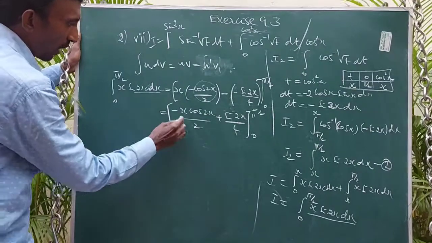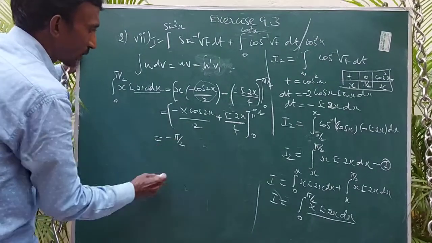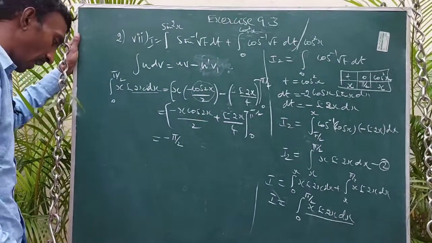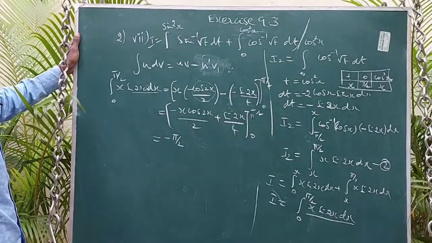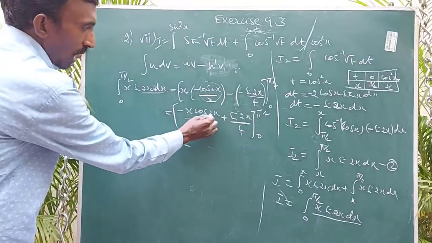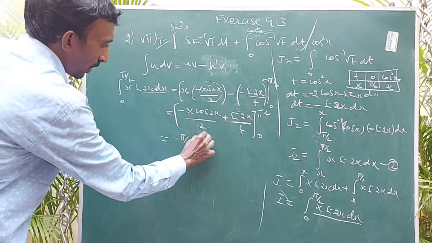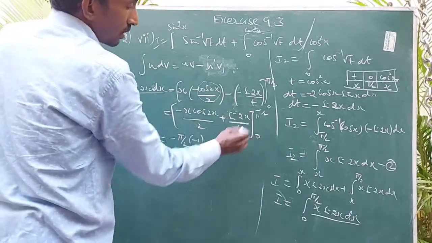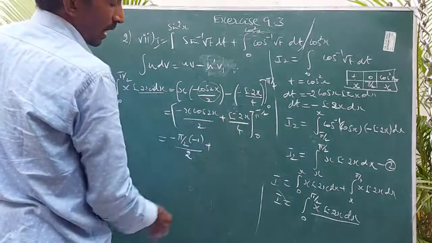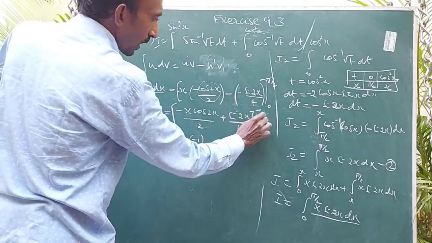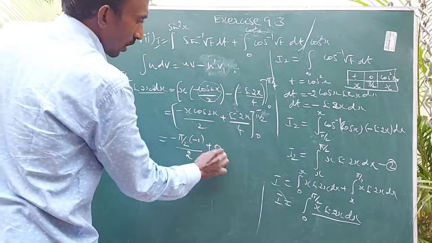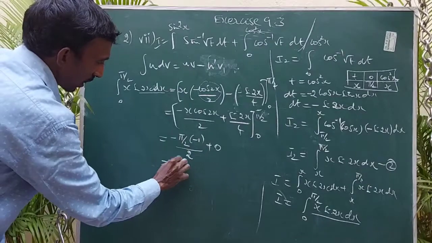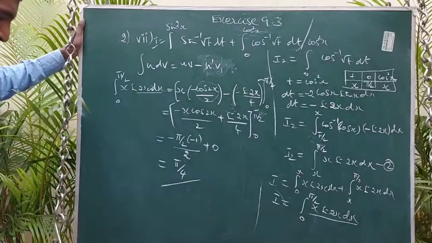If you put the upper limit pi by 2, minus pi by 2 into cos of 2 into pi by 2, that is cos 180, which is minus 1, by 2. And plus sin pi, that is sin 180, which is 0. If we put the lower limit it becomes 0. So minus into minus plus, 2 into 2 is 4. So pi by 4 is the answer.